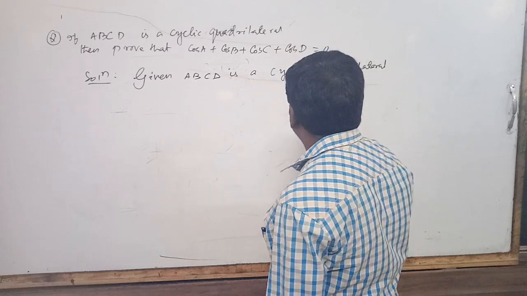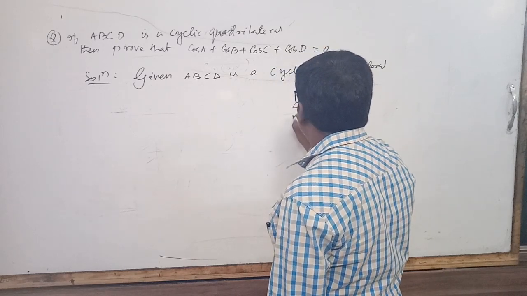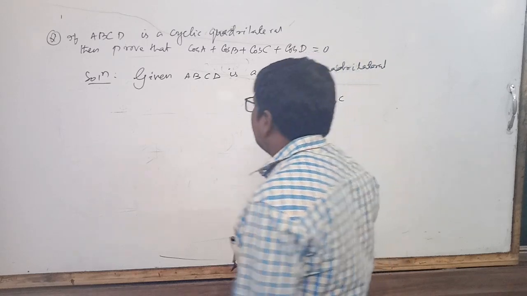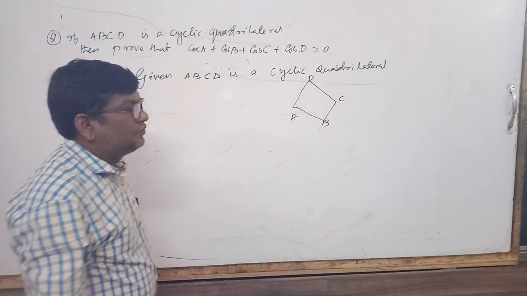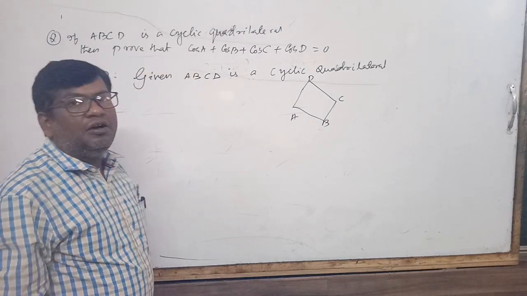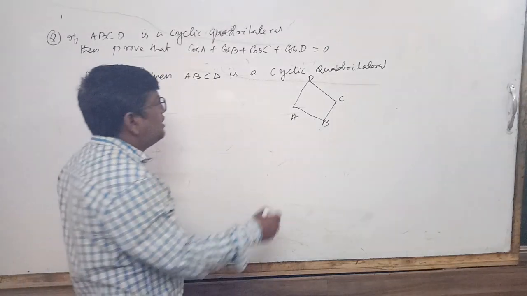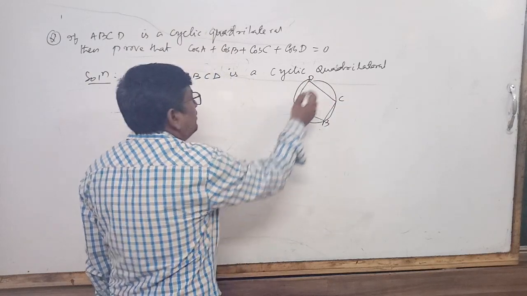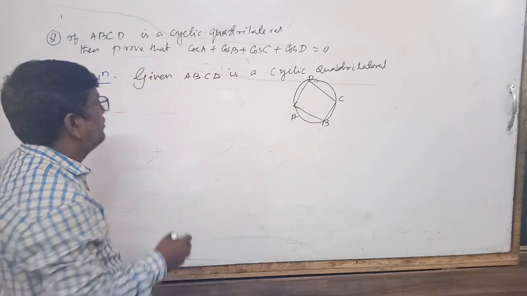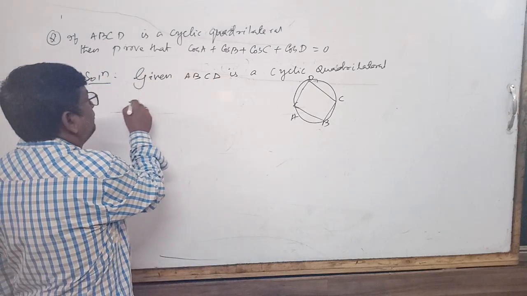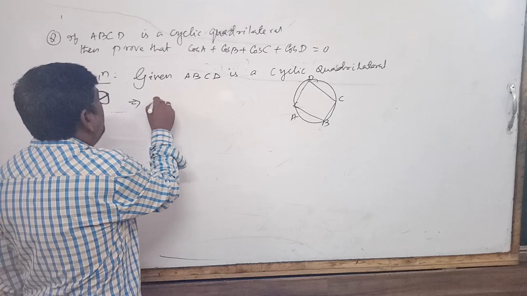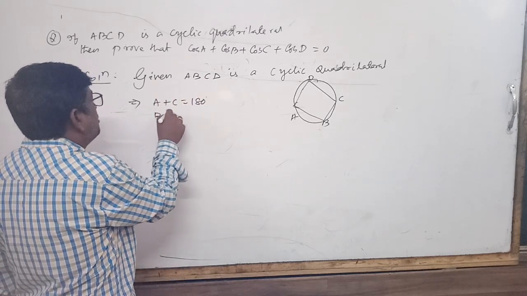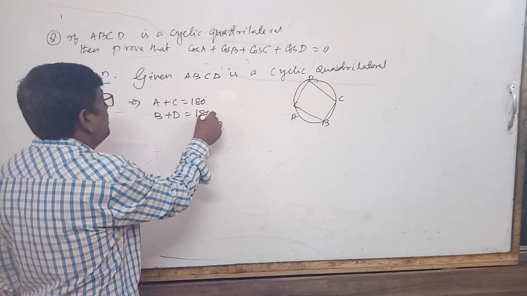Suppose this is A and B and this is C and D. In a cyclic quadrilateral, the sum of the opposite angles is equal to 180. That implies A plus C is equal to 180 degrees, and B plus D is equal to 180 degrees.